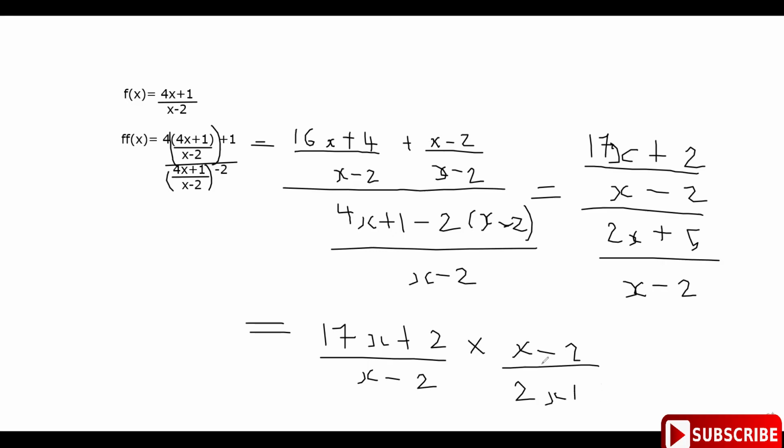And so the x minus 2's cancel. So the final answer is 17x plus 2 over 2x plus 5. Ooh, that's a lot of work for one multiple choice right there. A lot of work.